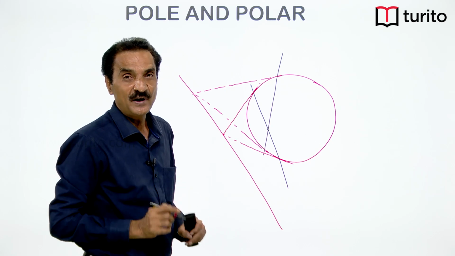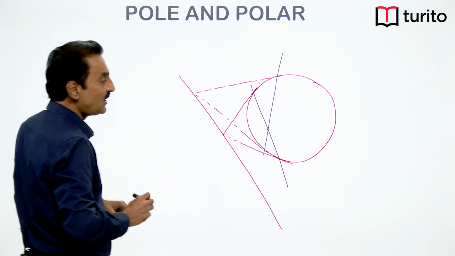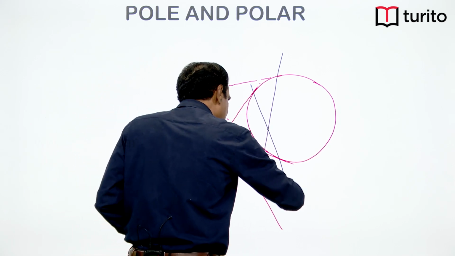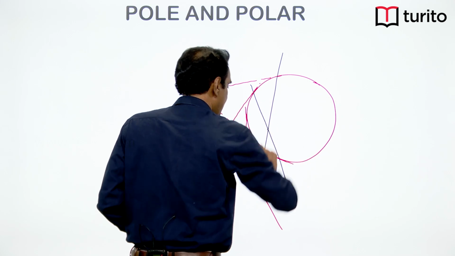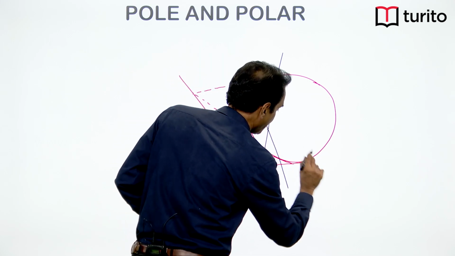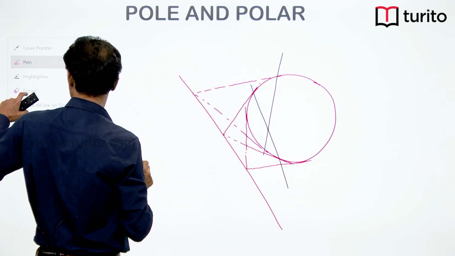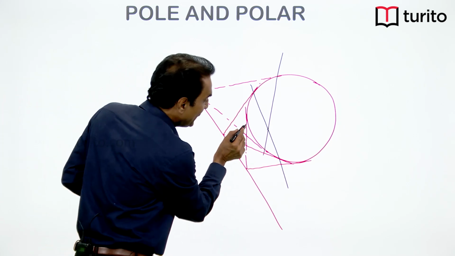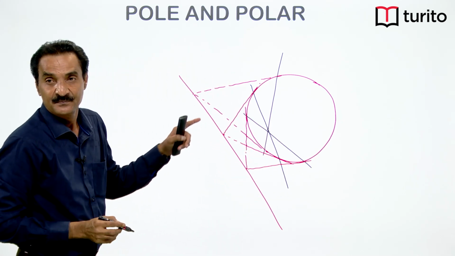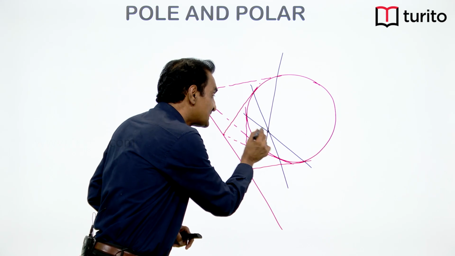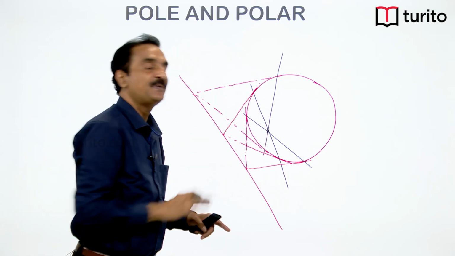Now, the interesting point is, if you draw another chord of contact, take another point here and draw the chord of contact. Joining the points of contact, you can observe that this third chord of contact also passes through the same intersection point.